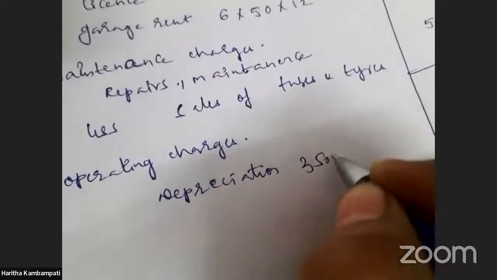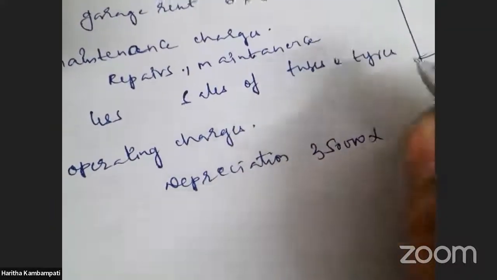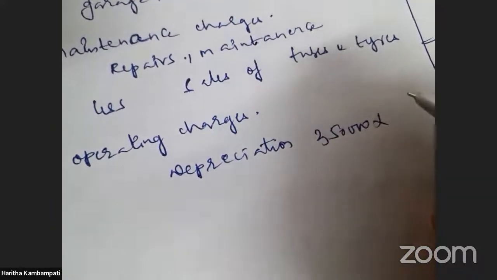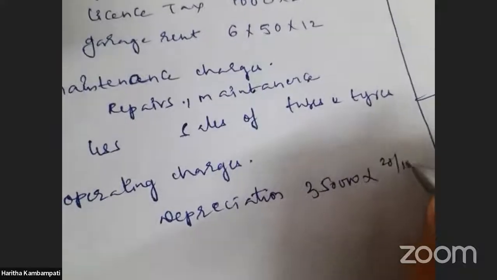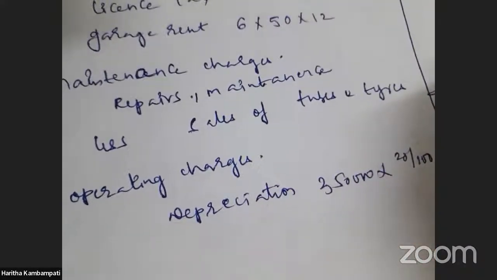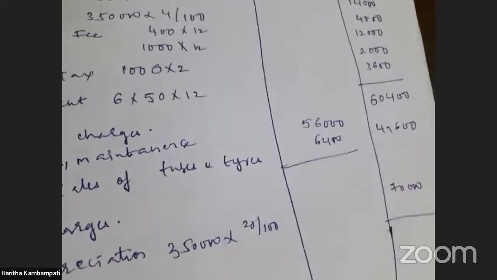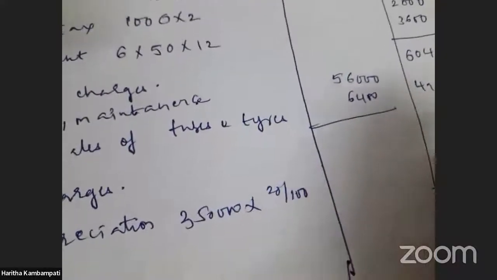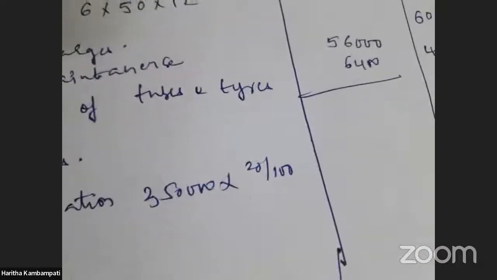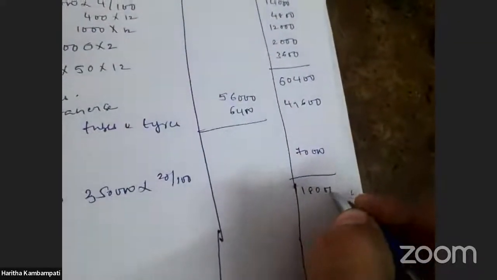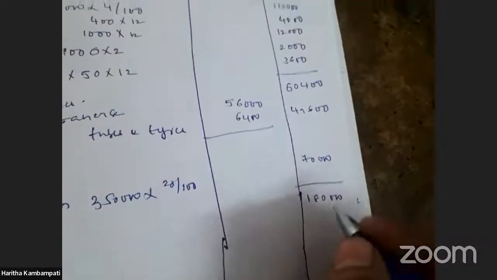The 3,50,000 into 20%, that is 70,000. Completely 1,80,000 is the cost.